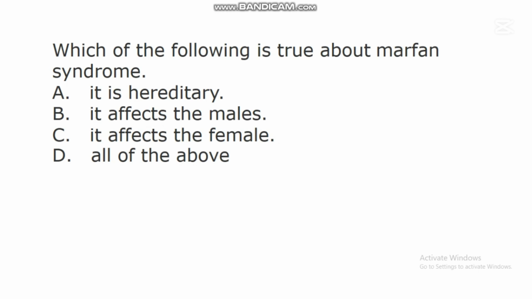In this question, the correct answer is D, all of the above. There is a genetic disorder called Marfan syndrome. Studies have shown that this Marfan syndrome can be transmitted from generation to generation, and it affects both males and females.